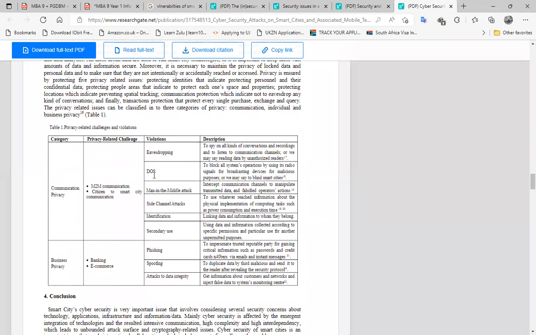So you see DOS, phishing, spoofing, man in the middle attack. There are many of them. Your study guide didn't write all of them, but we just took some. So there's identity theft, right? And so forth.